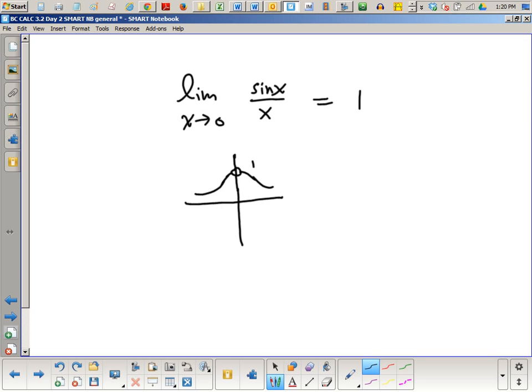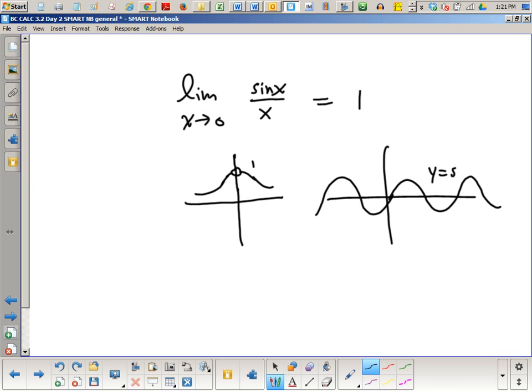But there's another way of thinking about this. Another way of thinking about this is when x is very small, sine x and x are approximately the same. Therefore, we get a ratio of 1. It's a totally different way of looking at it. You've seen the graph of sine x before, right? And you've certainly seen the graph of y equals x.